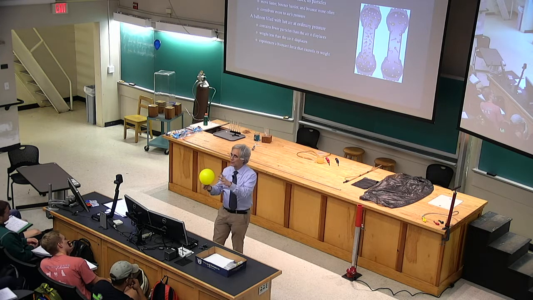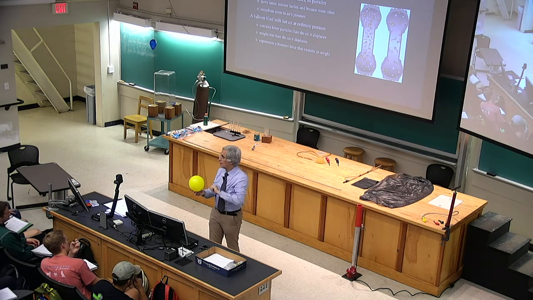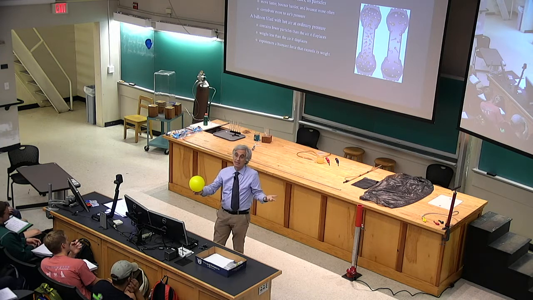Another way to look at this situation in terms of density is the average density of the balloon, which is to say the mass per volume, even though it's not uniform. It's got chunks of rubber, it's got bits of air and so on. If you take its overall mass and divide it by its overall volume, you get an average density.